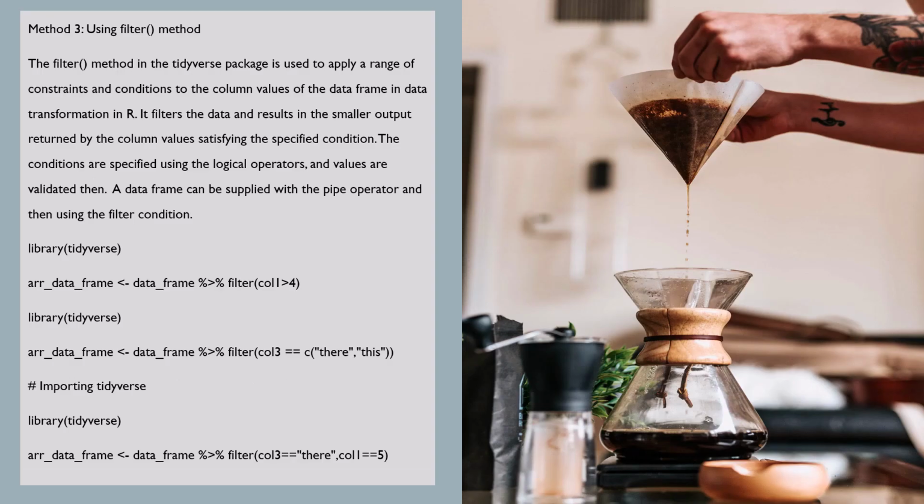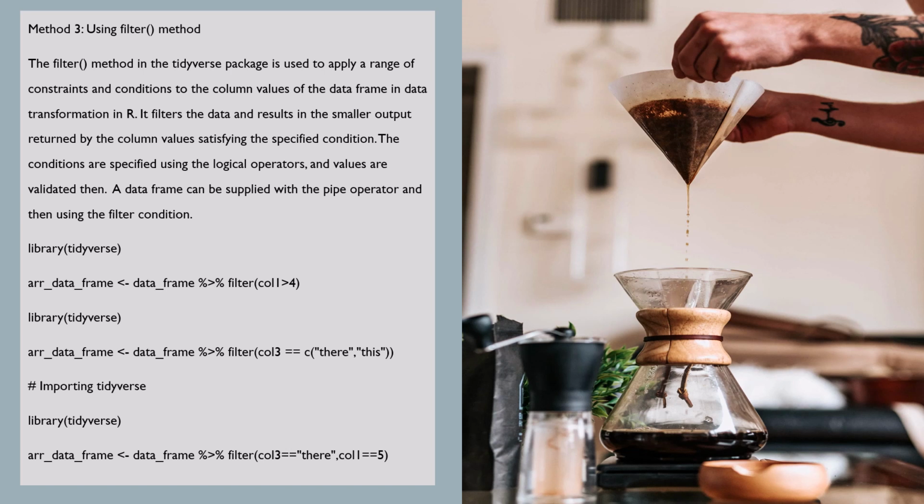You can also filter the data, like how you do the filters in Excel. You can also filter in R. The filter method in the tidyverse package is used to apply a range of constraints and conditions to the column values of the data frame in data transformation in R. It filters the data and results in a smaller output, returned by the column value satisfying the specified condition.